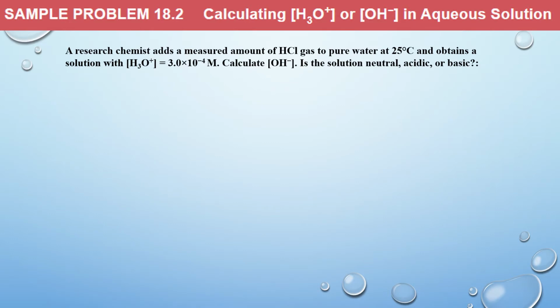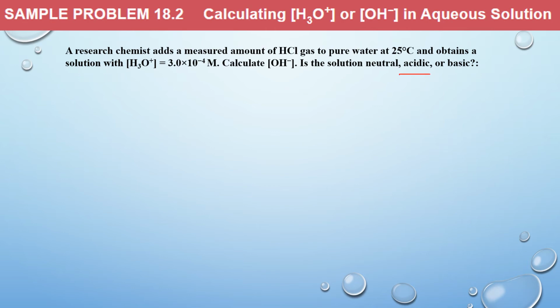So let's work on this example problem to calculate the concentration of proton and the hydroxide. This chemist adds some hydrogen chloride gas into pure water at 25 Celsius and gets a solution. Because we know HCl is an acidic compound, we know it's going to generate an acidic solution.